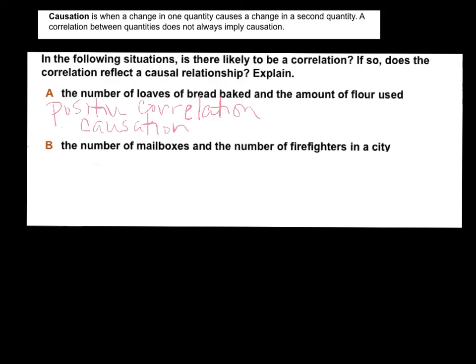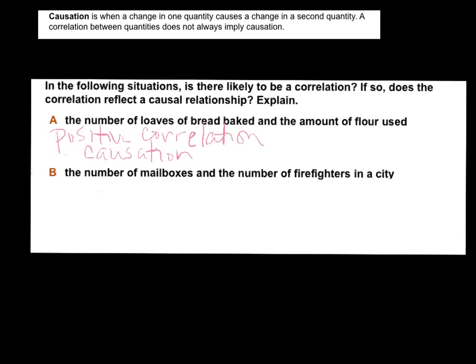All right, let's look at the next one. The number of mailboxes and the number of firefighters in the city. Let's first determine if it has a positive, negative, or no correlation. Okay, if we increase the number of mailboxes, do you think the number of firefighters in the city are going to increase? Okay, you could say yes, because you assume the number of mailboxes increases as the number of people increase, which would mean you need more firefighters.